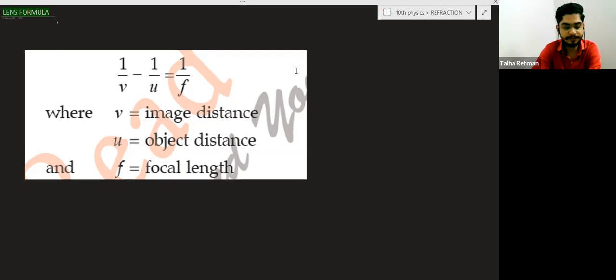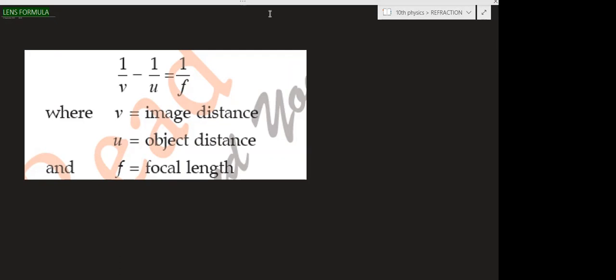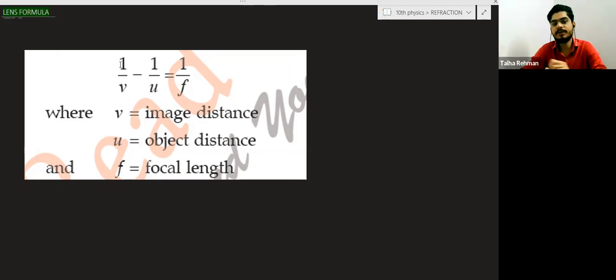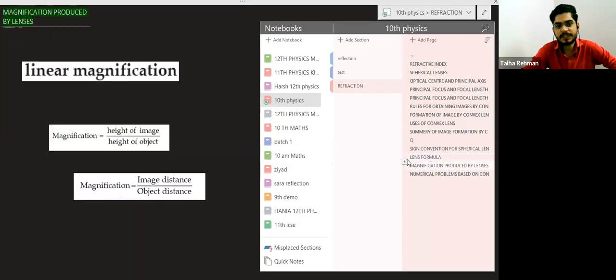Azaan, completed? Yes, sir. Okay, so this is the lens formula. Remember, 1 upon V minus 1 upon U is equal to 1 upon F. And for magnification, just write the heading: magnification produced by lenses.